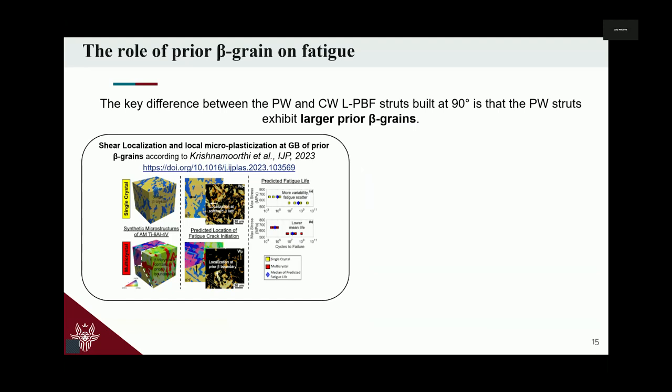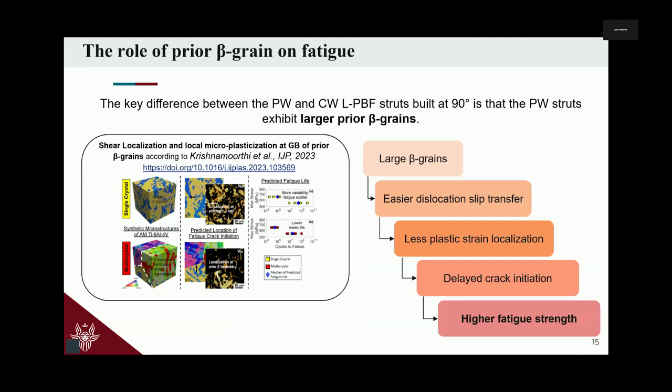And the answer was given by literature, by a really nice crystal plasticity work of the group of Sanjid, published in 2023 in the International Journal of Plasticity, which basically states that the larger the beta grains are, the less statistically probable it is that we will have a failure due to plastic strain localization at the grain boundaries, which leads to a delay in crack initiation, and so higher fatigue strength.